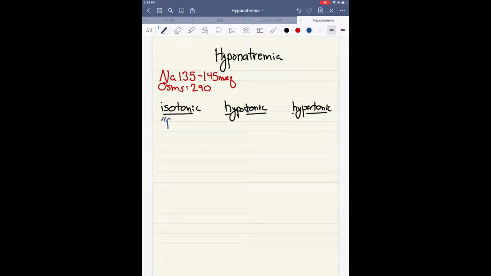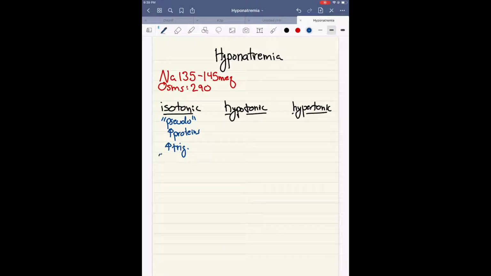This is going to be our pseudohyponatremias. Things like increased proteins will be here, and things like increased triglycerides will be here. Proteins such as myelomas, and triglycerides from metabolic syndromes and pancreatitis, are things that cause an isotonic or pseudohyponatremia. This extra protein and extra triglycerides are falsely bringing down the sodium level.